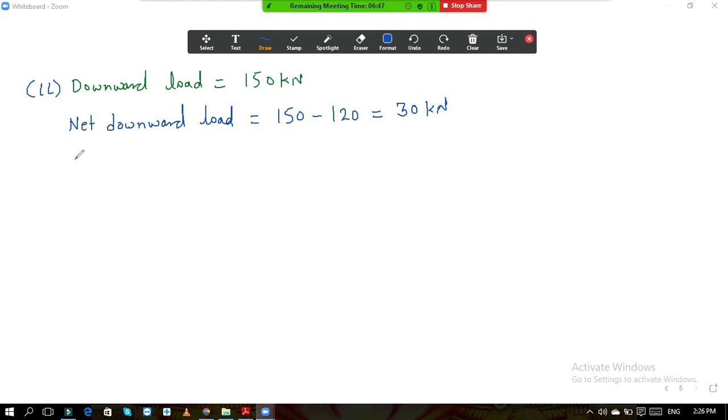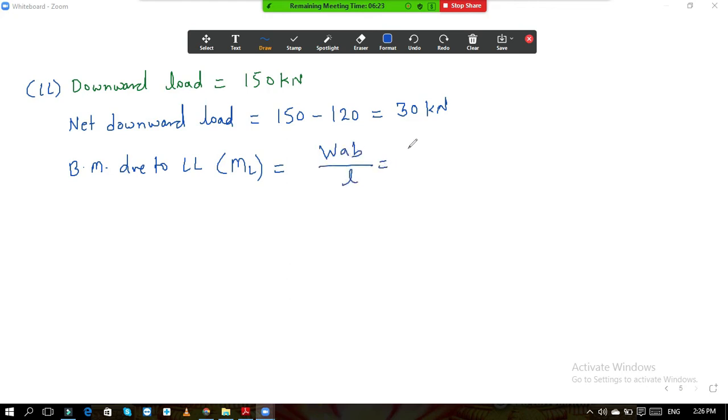So we will calculate the bending stress directly. Or shall I write the steps? Okay, I will write, otherwise you will get confused. Bending moment due to live load, M_L, is equal to WAB by L, which is the formula.